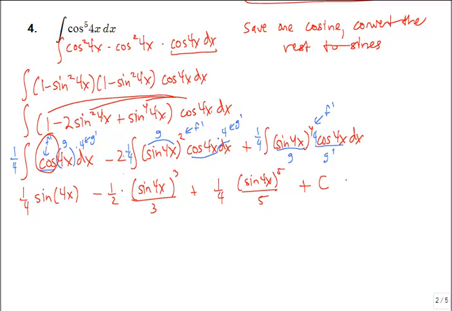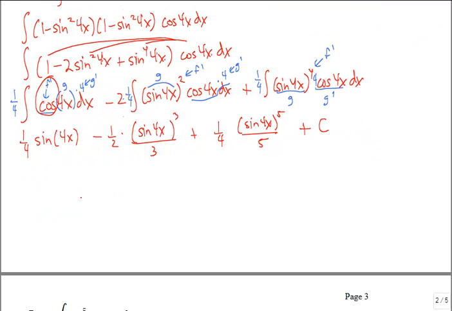And then we're ready to put on our plus c. The last thing I'm going to do here is just combine some of those fractions. So I get 1/4 sine of 4x minus 1/6 sine cubed of 4x plus 1/20th sine to the 5th of 4x plus c.